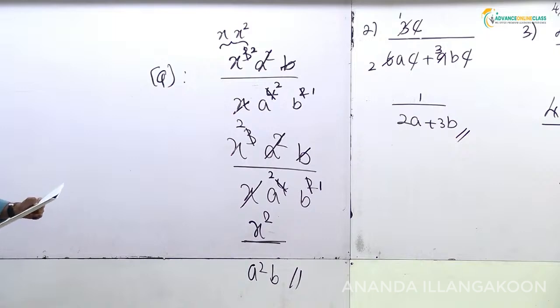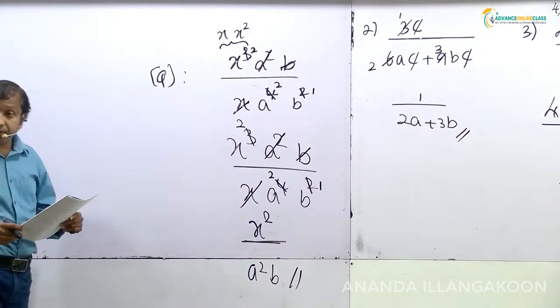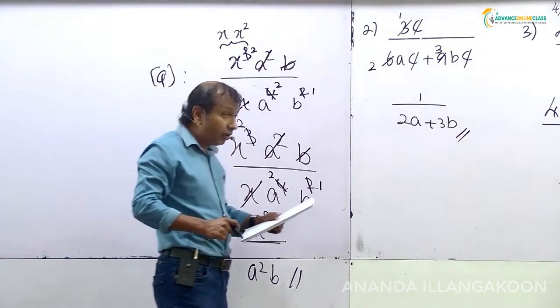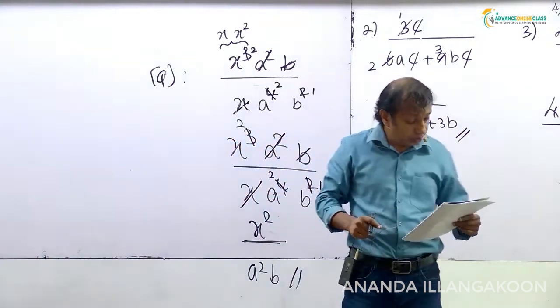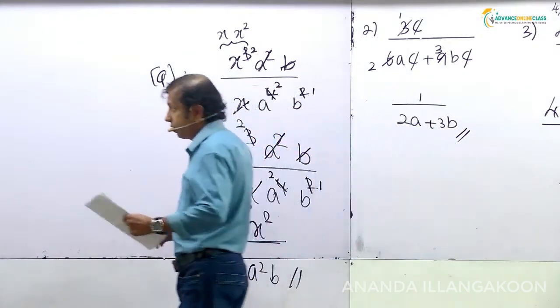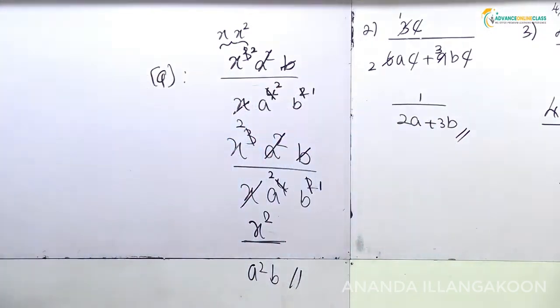Okay, the next questions in that you can do as homework, right? Do them as homework. We'll come to the next one, question number 11, and do some questions. Right, come to question number 11.